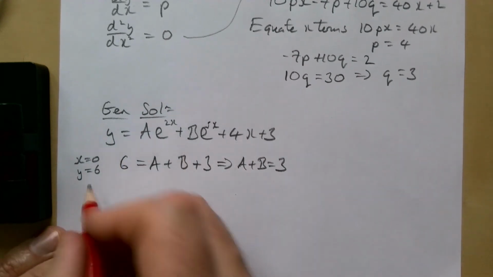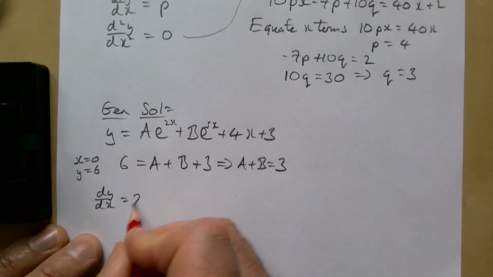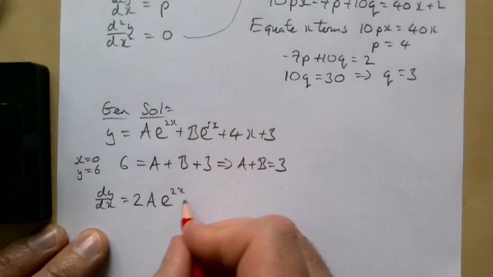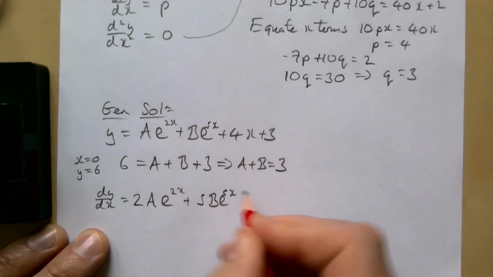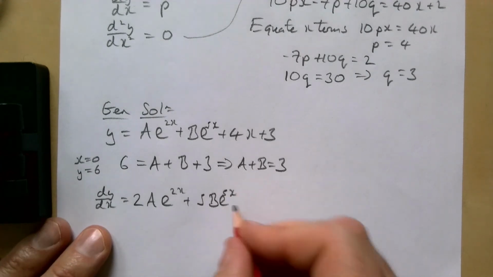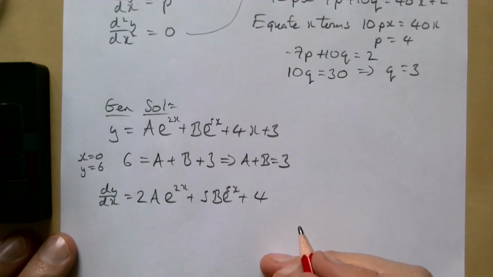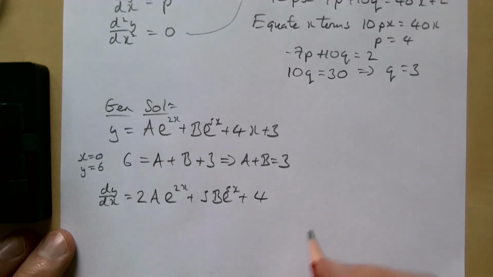We need to find our dy by dx for the next part. So dy by dx is equal to 2a e to the 2x plus 5b e to the 5x plus 4. And we know what it says: whenever x is 0, dy by dx is 13.